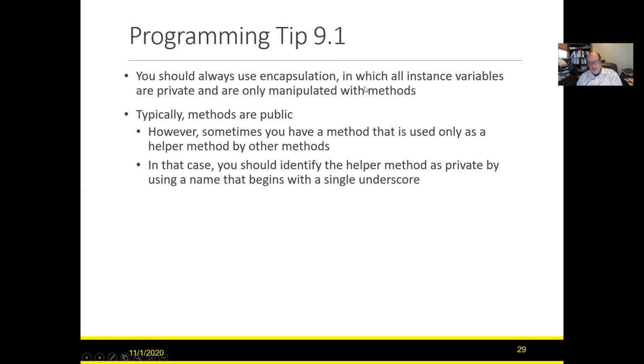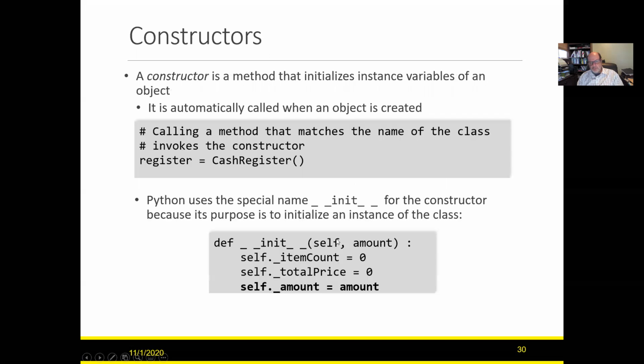Encapsulation is basically hiding the information, and we give them a way to access it. Sometimes we have internal methods, or we call them helper methods, that don't need to be publicly available. So we put the underscore on them too. In Python, anything that starts with an underscore means it is private.